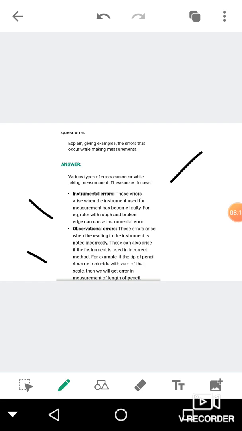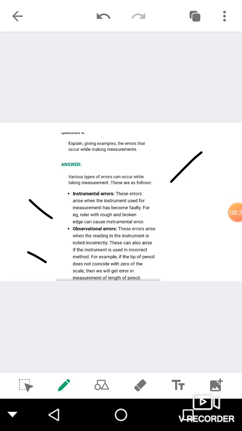The second point is observational errors. What are observational errors? These errors arise when the reading in the instrument is noted incorrectly, meaning you are not observing it properly.